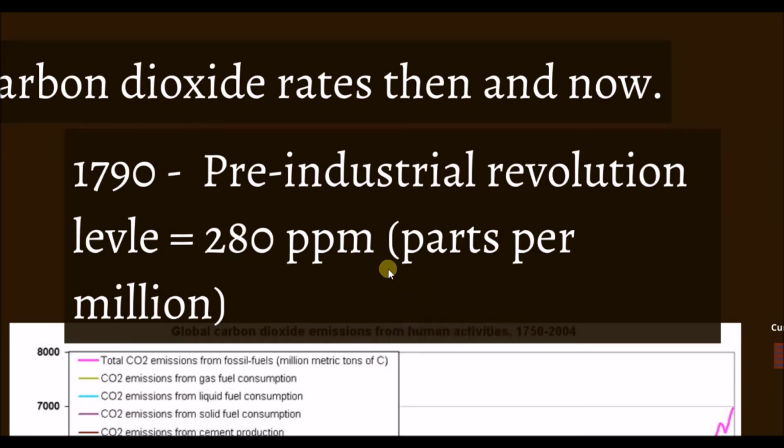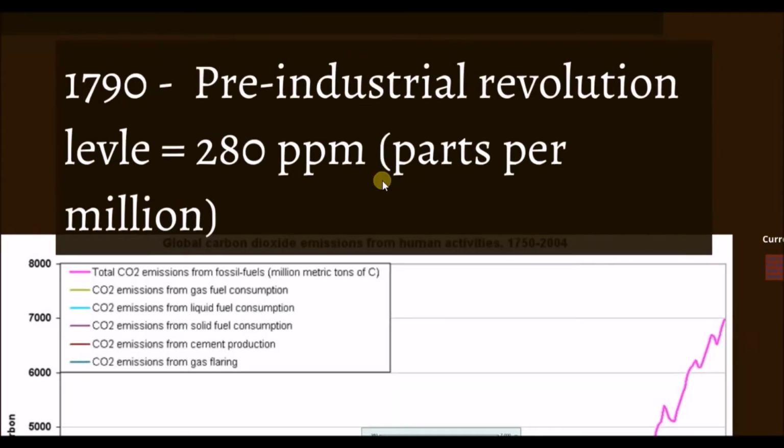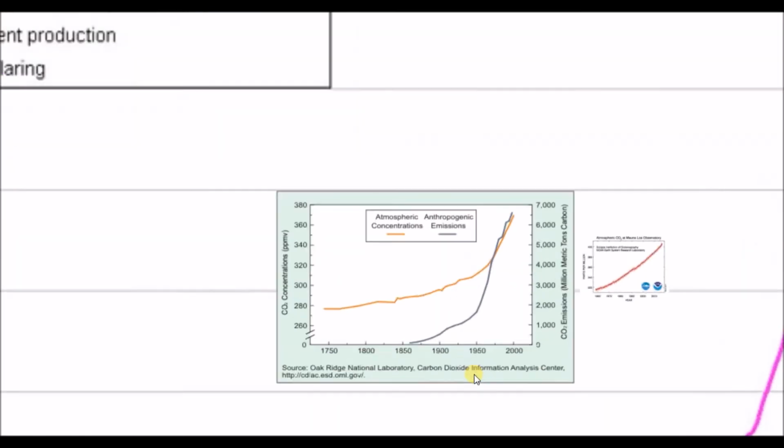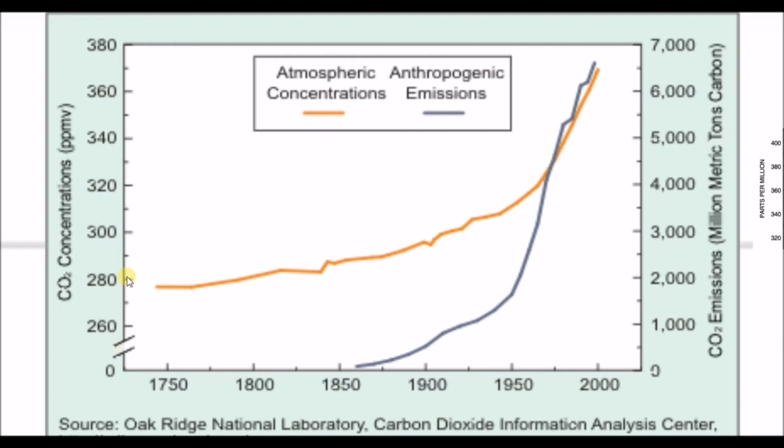Well, if I pull up this graph, we have concentration of carbon dioxide here, and then here we've got time on the x-axis. It's going up from 1750, 1800, 1850, 1900, all the way up to 2000.